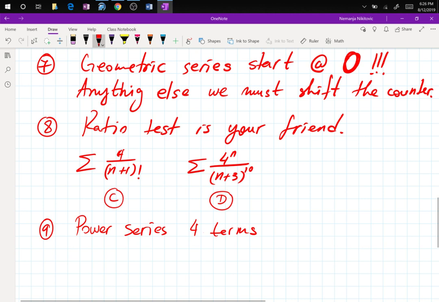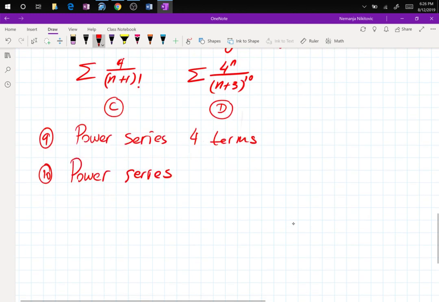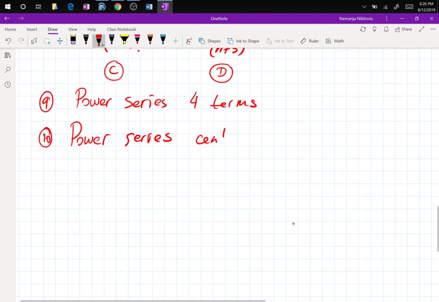We can center around any value by writing x minus a to the n for power series. Center about x equals a.